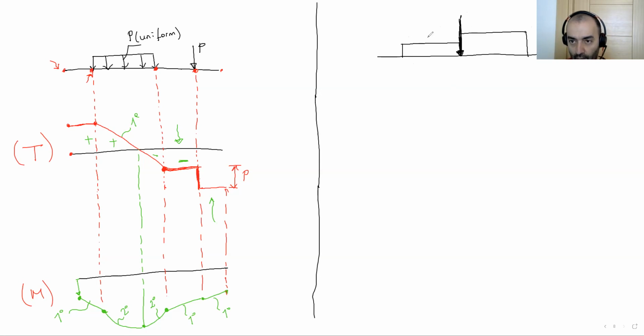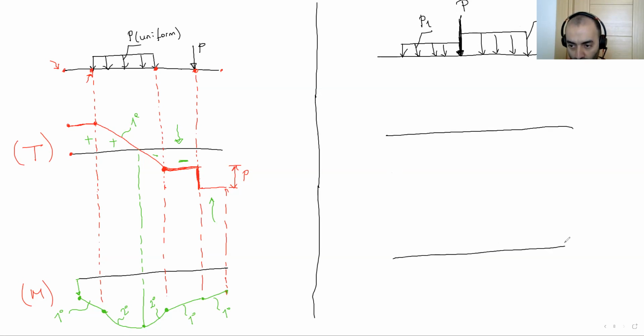This is P1, this is P2. These are uniform distributed loads. Here I have a point load like this. This is the shear force diagram. This is the moment.